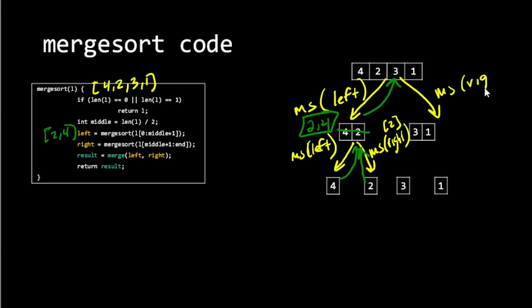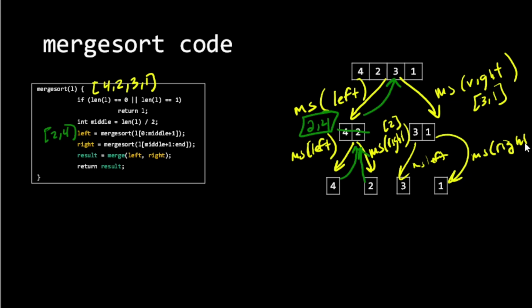So I'll call MS right, which is 3, 1, sorry, which will call MS left and MS right. This will be a 1, this will be a 3, and then, well, sorry, this won't actually get called yet. We have to wait for the return from MS left. So this will come back up with the merged 3, and then we'll do this call.